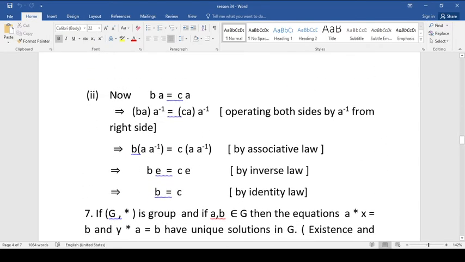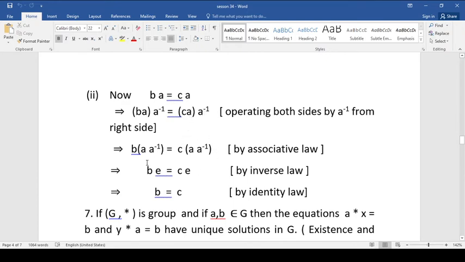And then similarly consider the second one, ba is equal to ca, we are given, and here also we are going to operate a inverse on both sides from the right side, and then by using the associative law we can club the terms as b into a inverse as one term, and here c keep it as it is, and then we club c into a inverse as another term.